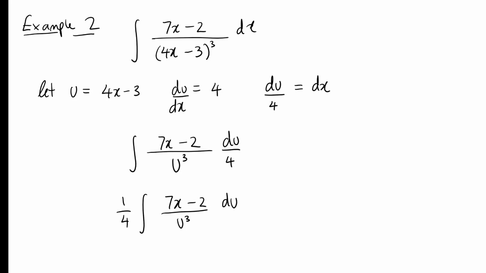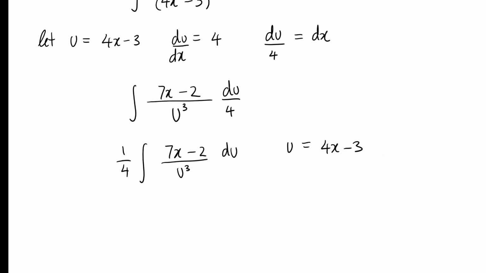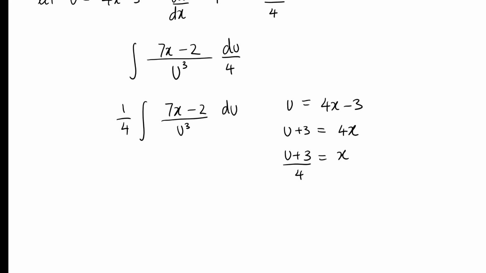Then 7x minus 2 needs to be replaced. So we take the substitution and we need to manipulate this to get 7x minus 2. If we add 3 to both sides, we'll get 4x, and if we divide by 4, we'll get x. And now we can work the other way: multiply both sides by 7. So instead of just a quarter, we've got 7 over 4 times u plus 3 equals 7x. And then it needs to have 2 subtracted from it.